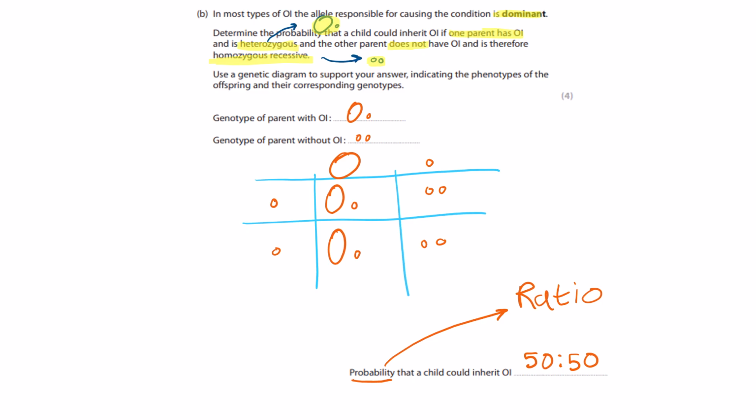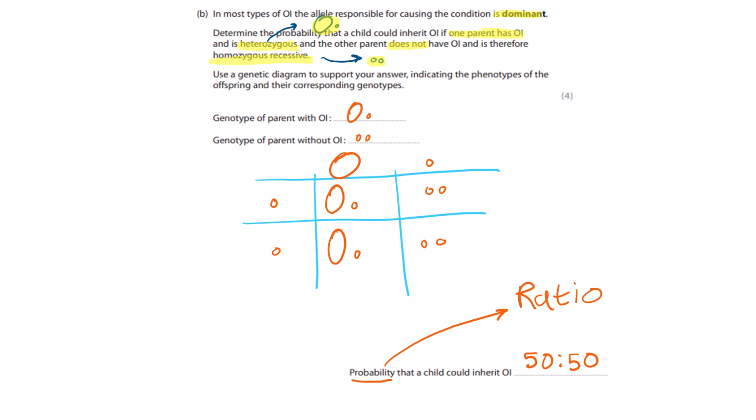Okay, and the other parent does not have OI. So from the question, we learned that if a parent does not have OI, that means it's lowercase o, therefore it is homozygous recessive and it's given to you in the question. Use a genetic diagram to support your answer indicating the phenotypes of the offspring and their corresponding genotypes.